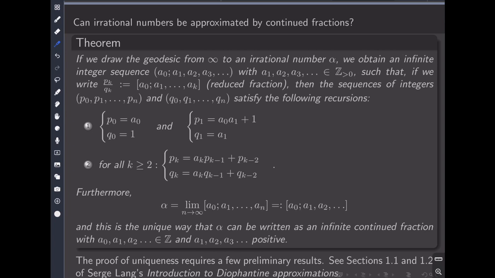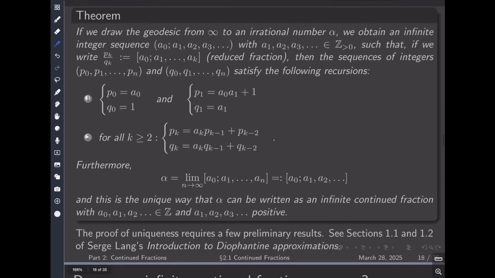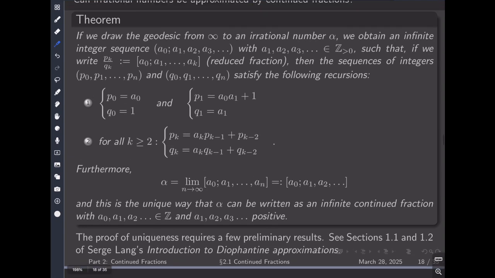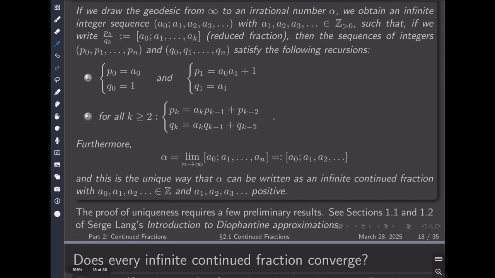But then if you give me an irrational number, let's say square root of 2, what do you do? One way to try to do it in practice is to try to implement Euclid's algorithm.